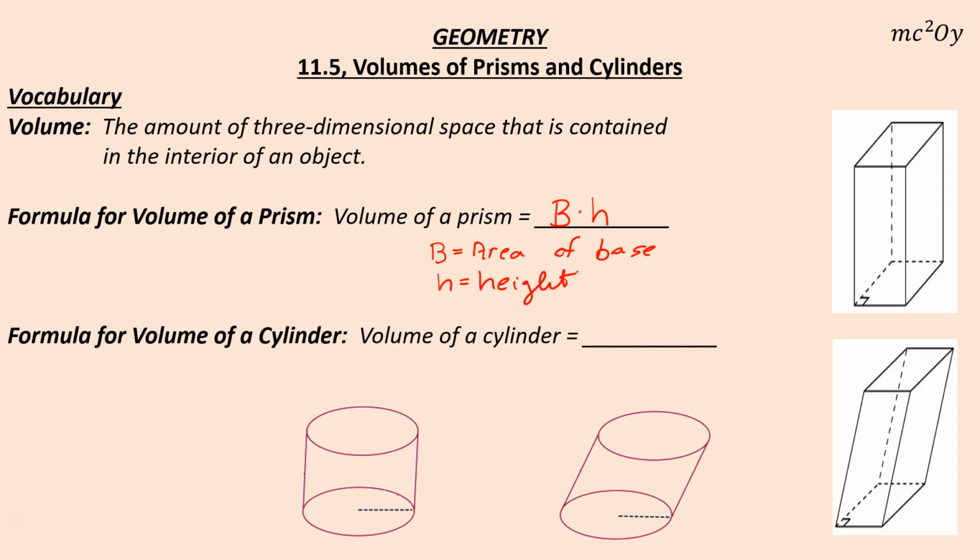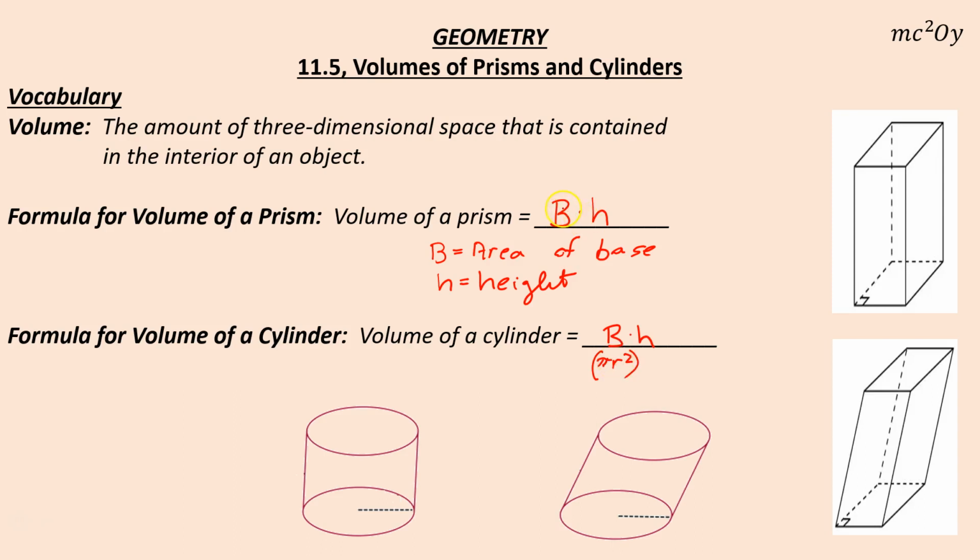Okay. Volume of a cylinder is also equal to base times height. It's just in a cylinder where you have your base, it's always a circle. So when we think of area of the base, we can also just think of pi r squared for a cylinder.